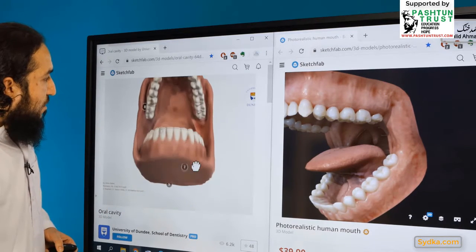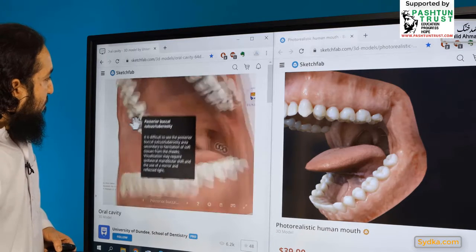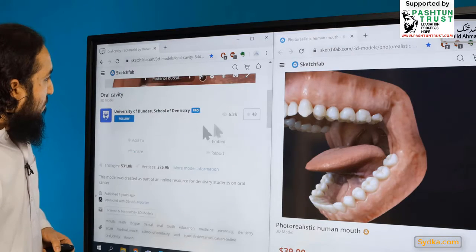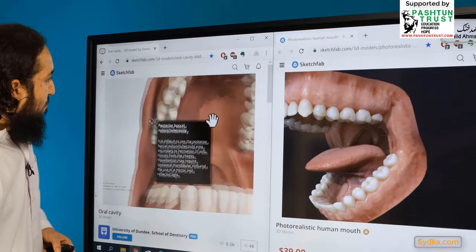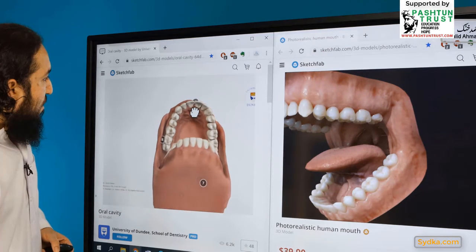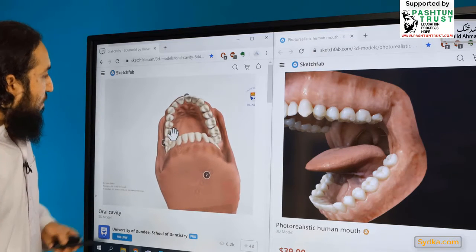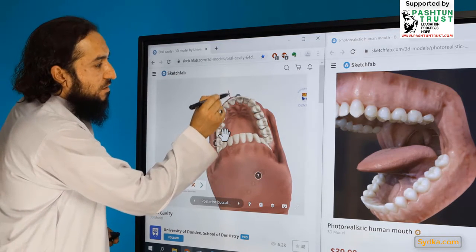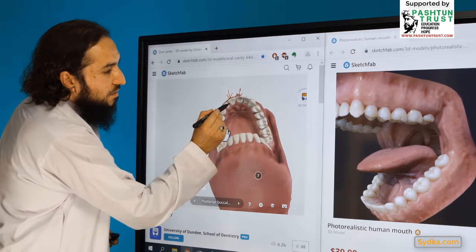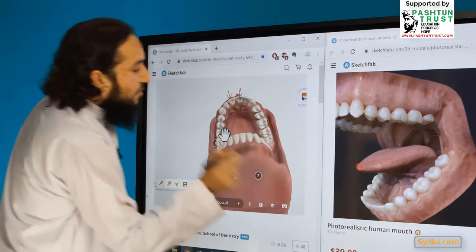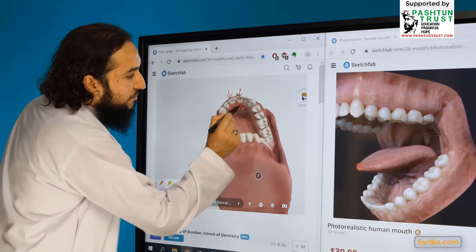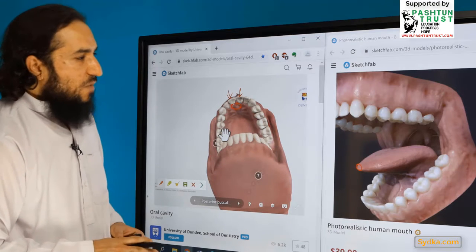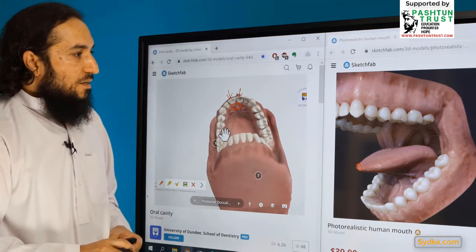So this is the top incisors, these two, and this bit, the top side of the tip of the tongue, will touch this area. So that's basically the articulation point for Ta. Okay. I hope this will help you to understand properly.